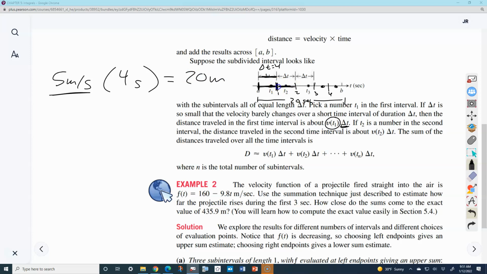All right, and then in the second time interval, let's say I looked down and saw that I was going 6 meters per second. Again, I assume that 6 meters per second is somewhat close to the velocity I went that whole next 4 seconds. So I multiply that by the 4 second time interval, and how far did I go then? 24 meters.